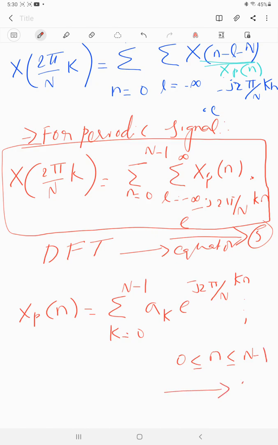This is equation number 6. So the discrete Fourier transform is equation number 5 and this one is equation number 6.